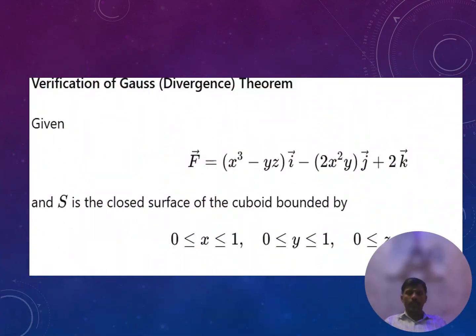Verify the Gauss divergence theorem. Suppose I choose one of the problems: F vector is equal to x cube minus yz into i vector minus 2x square y j vector plus 2 k vector, and S is the closed surface of the cuboid bounded by x varying from 0 to 1, y varying from 0 to 1, and z varying from 0 to 1.